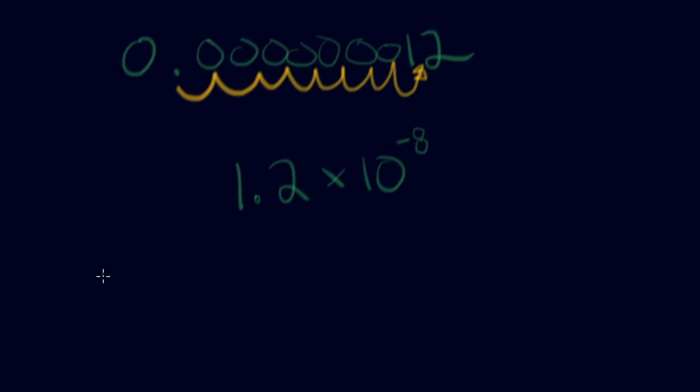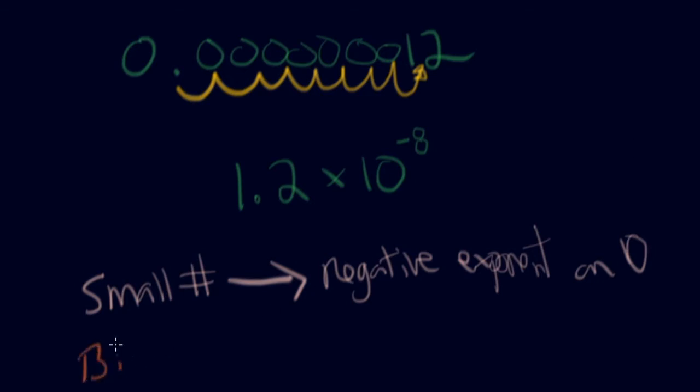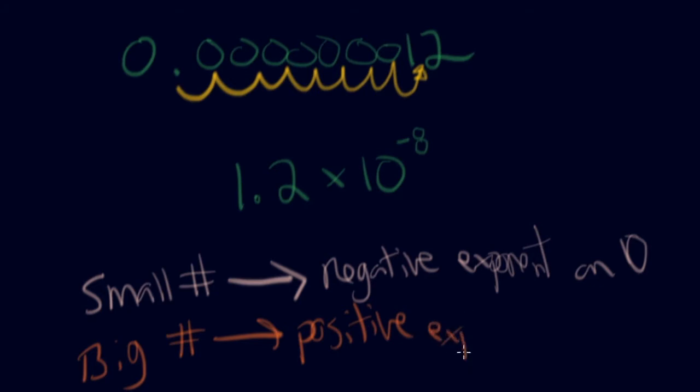If it's a small number, and I think we can all agree that 0.0000000012 is small, you get a negative exponent on that 10. And if it's a big number, like that 5 billion that you just had, you're going to have a positive exponent on the 10.